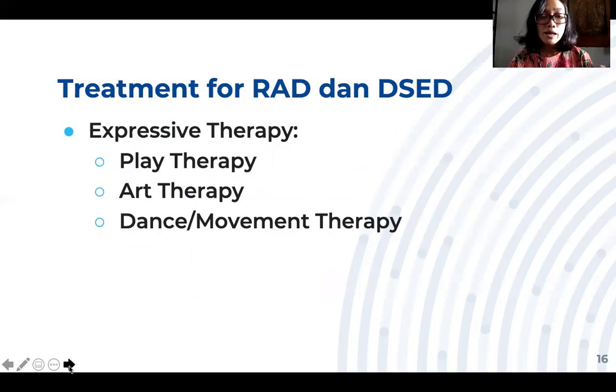The treatment might include expressive therapies such as play therapy, art therapy, or dance movement therapy, basically in an environment that is comfortable for the child. The goal of the treatment is to help the family understand the child's diagnosis and strengthen the bond between the child and the primary caregivers, as well as to advance the child's social and emotional development.